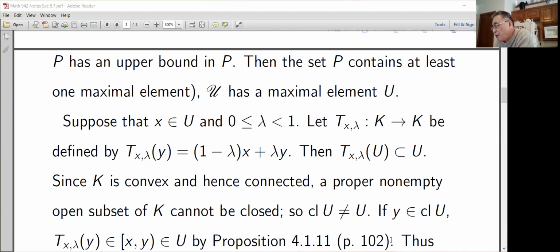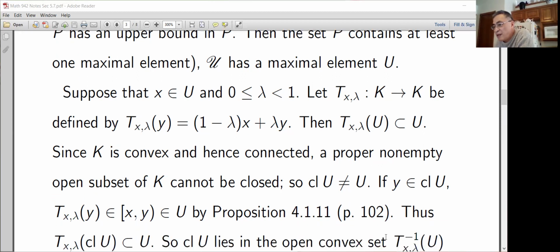Okay. Thus, for each Y, this is contained in U. So T_x lambda of closure U is contained in U. So if this is contained in U, then closure U lies in the open convex set.